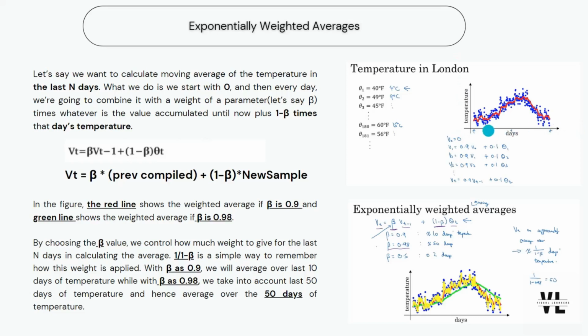So if we have a daily record of the temperature in London, and we put the temperature and the number of days on the y and x-axis respectively, we can see that when we plot the data, we get this graph, and there are different data points. The purpose of exponentially weighted average is just trying to find a moving average, or a line which goes through the data points that can estimate the temperature in different days.